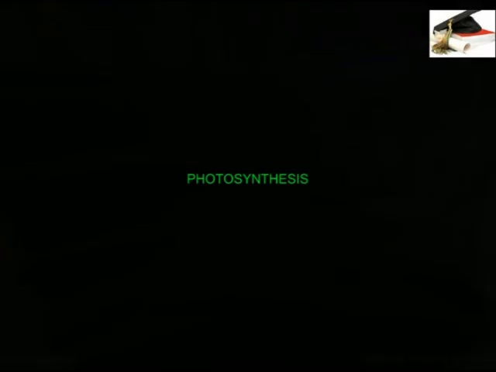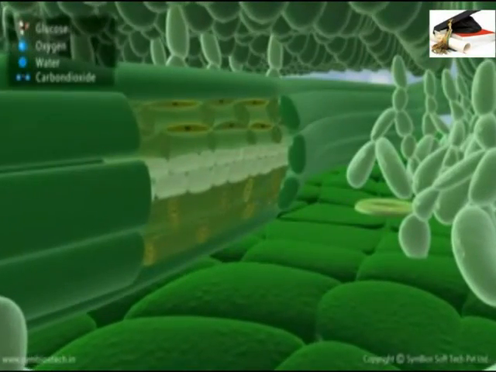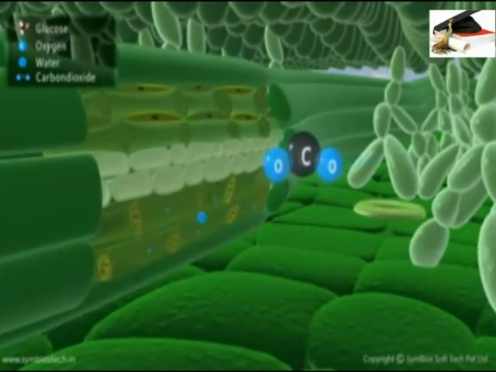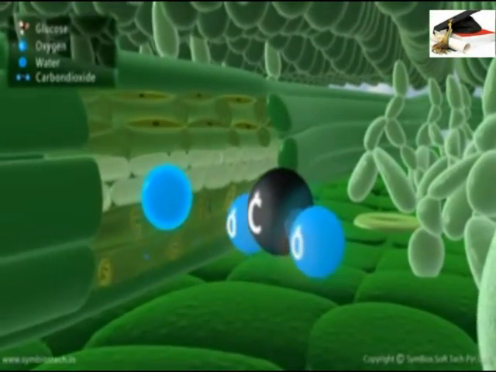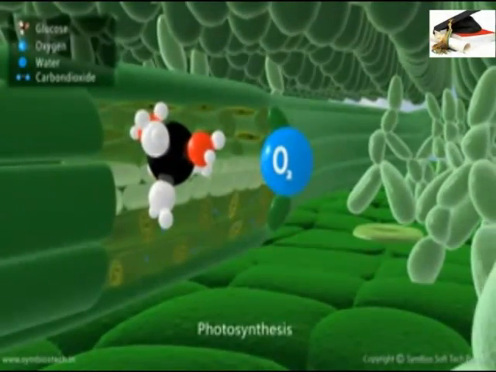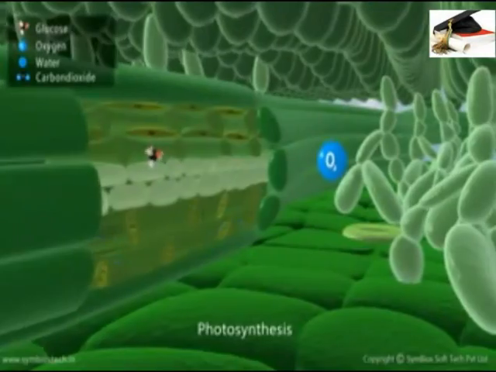The process of photosynthesis. Now, the raw materials for photosynthesis are carbon dioxide and water. For the process to take place, it requires the presence of light and chlorophyll pigment. As mentioned earlier, the process of photosynthesis occurs in the chloroplast.